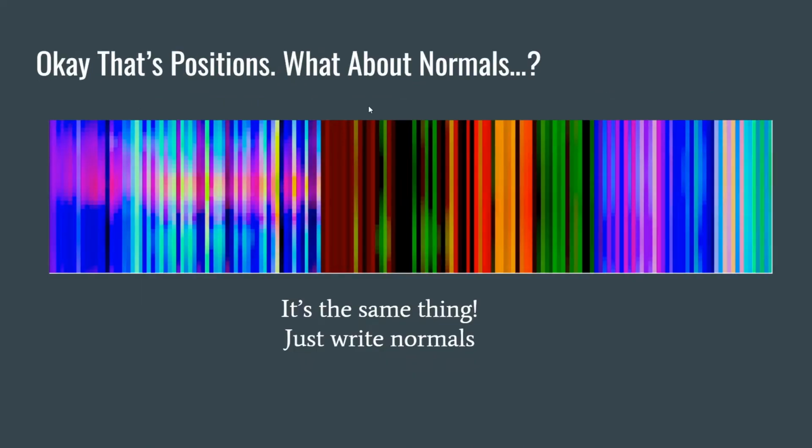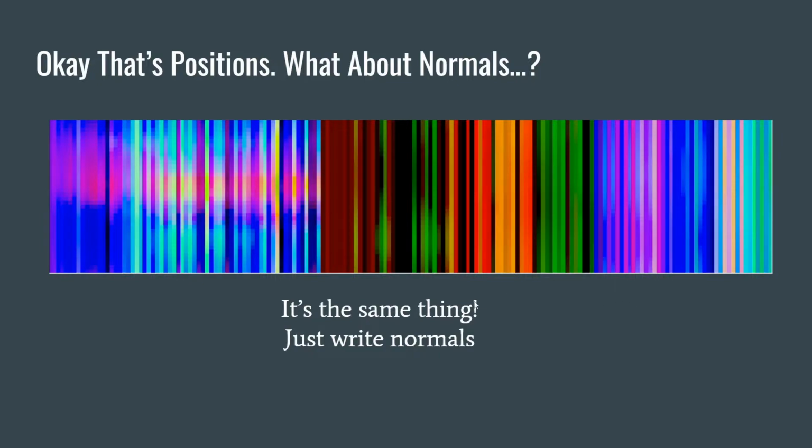Okay, so that's positions for our animation. What about normals? As the mesh animates, the positions change, but also the normals change as well. So for the normals, we can do the exact same thing.